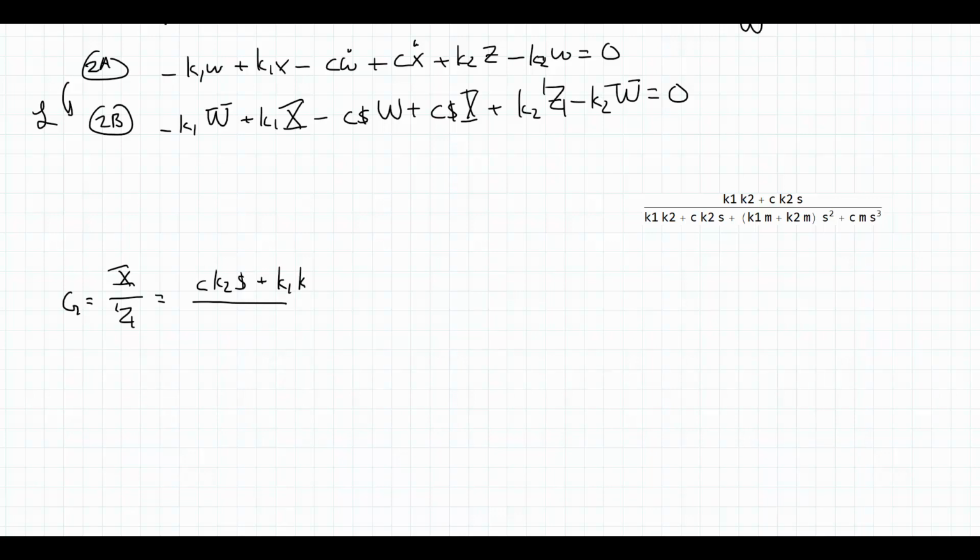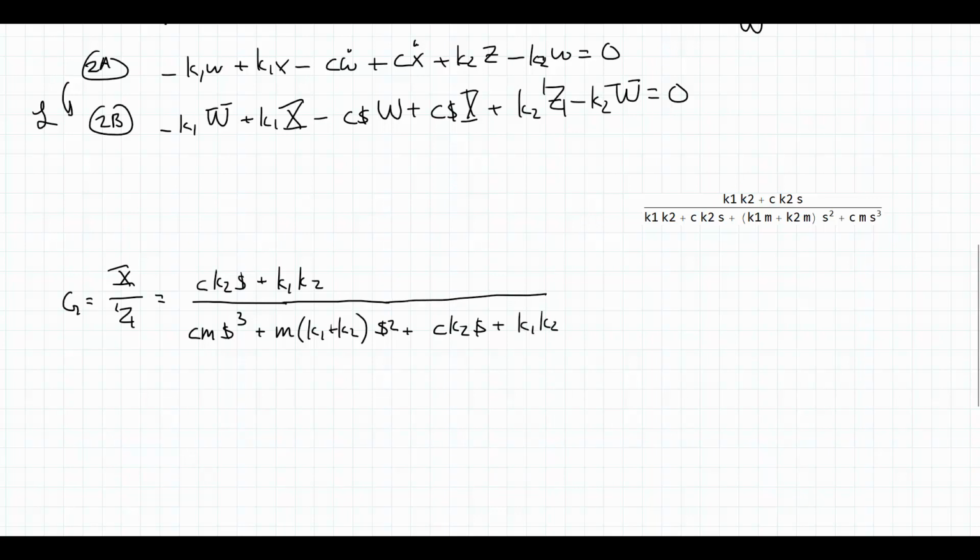So c k2 s plus k1 k2, and now I have to reverse the denominator as well. So the s cubed will come first. Then I can factor out that m if I want to. So m times quantity k1 plus k2, and that's s squared, plus the s term, plus k1 k2.